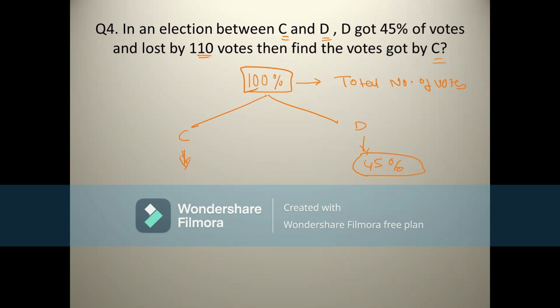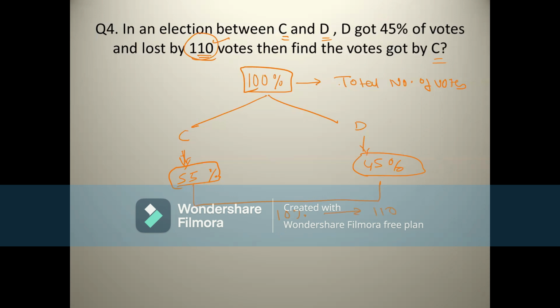That will be 55% of the vote. If D gets 45, then C will get the remaining, which will be 55% of the vote. So the margin between C and D's votes will be how many, sir? It will be, of course, 55 minus 45. That will be 10%. So the value of 10% is given here as 110.